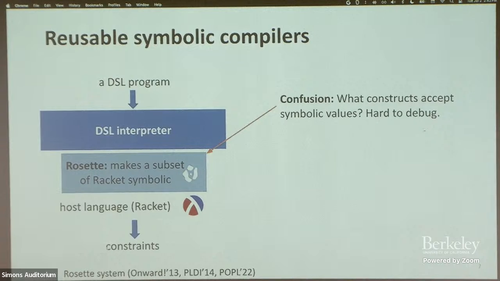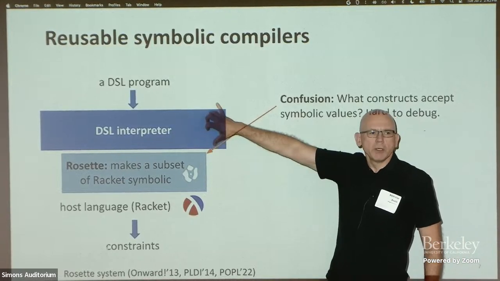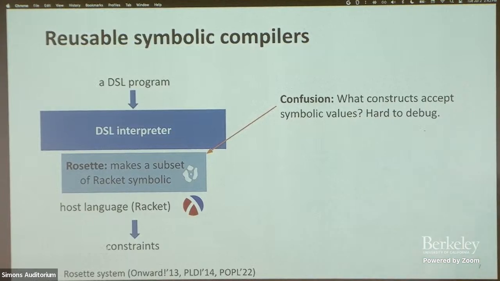What is not so good? What is not so good is that to build the language in which these DSLs are written, the approach so far has been to take the underlying language, such as Racket in this case, and in the case of Sketch, something like C, and make a subset of this language symbolic. So I say this construct can accept symbolic formulas, values, and those cannot. And that leads to a confusion as to what the semantics is.